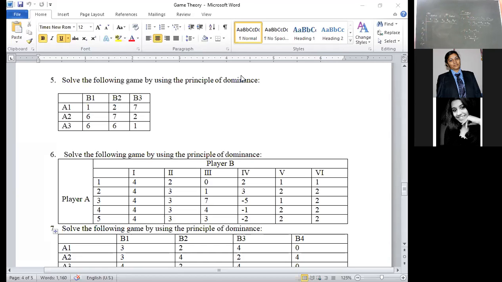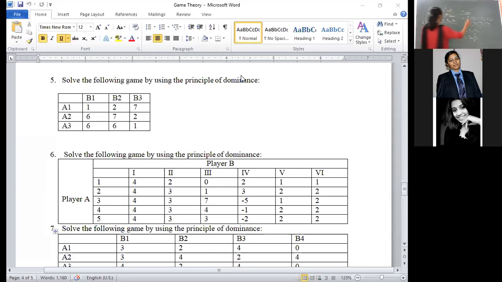Similarly, for columns, the rth column is greater than or equal to the sth column. If all the elements in the rth column are greater than or equal to the corresponding elements of any other column, the sth column, then neglect the greater column.